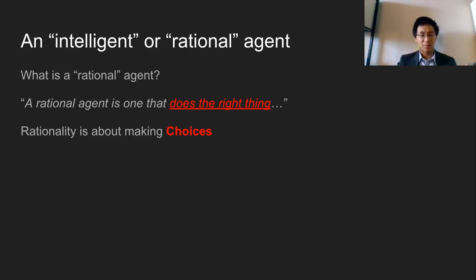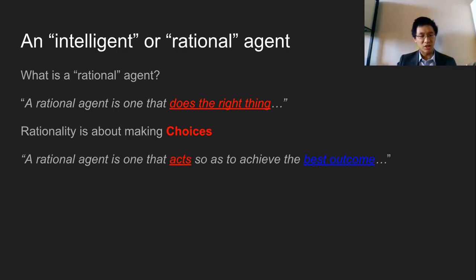Let's do a slightly more complicated definition. What do you think of this one? A rational agent is one that acts so as to achieve the best outcome. Okay, so once again, we have rationality about making choices in this definition, but it's a little more than that. It's about achieving some outcome and doing so with some measure of goodness, that we want the best outcome, and not just a good one, but optimal in some sense of performance.